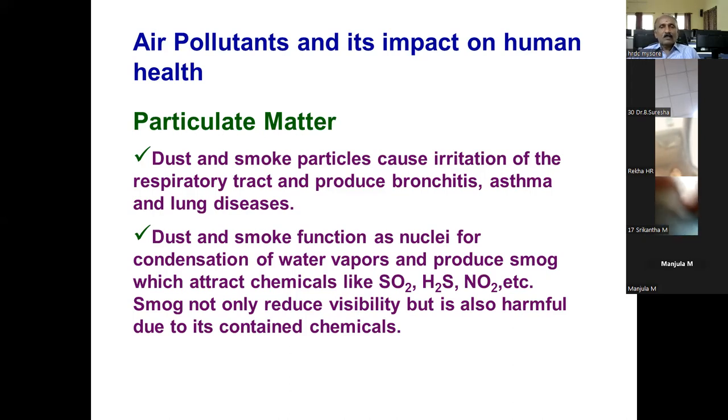When a mass or a cloud of these tiny water vapor particles is assembled in the atmosphere, we call it fog. So when this fog reacts with the smoke, it is going to form smog. The combination of smoke and fog together forms smog.